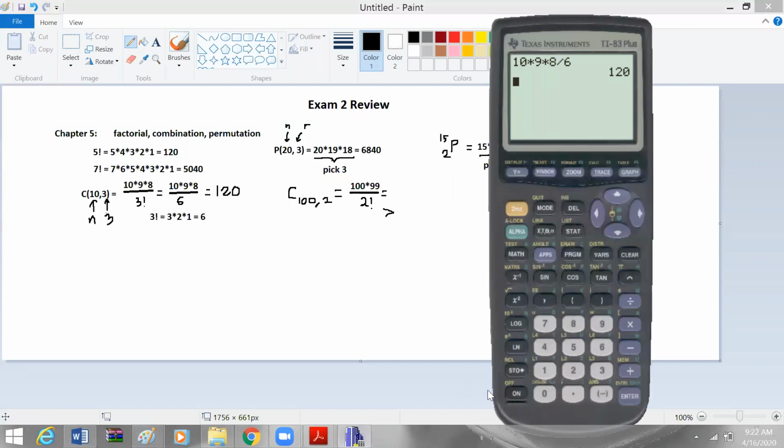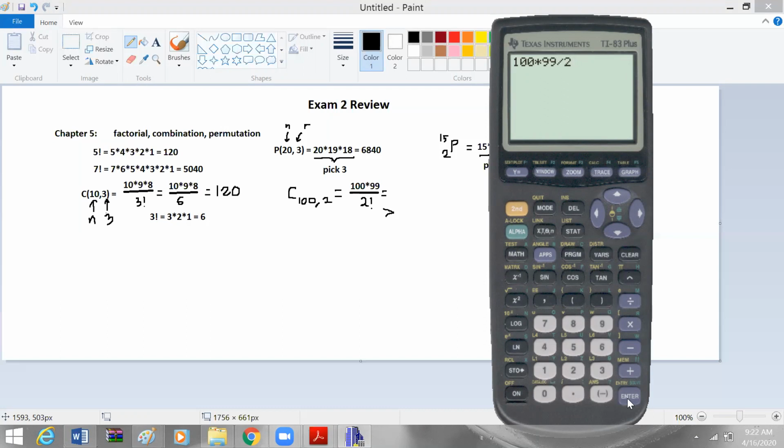2 factorial is 2, so that would be 100 times 99 over 2.